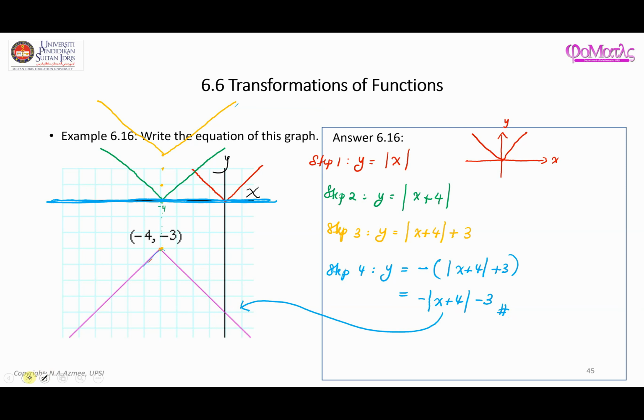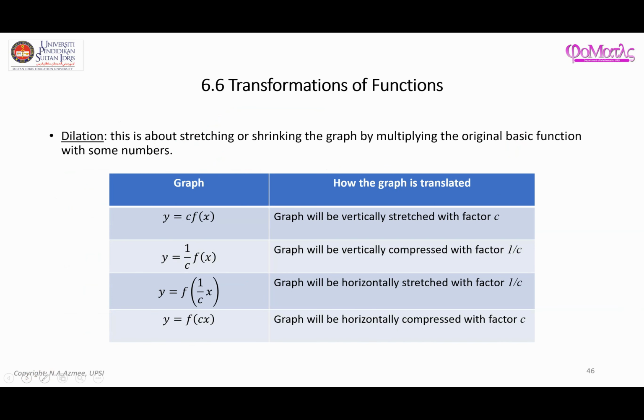Alright, now let's move on to the idea of dilation. Basically, this is about stretching or shrinking the graph by multiplying the basic function with some numbers. For example, if my basic function is y equals f(x), and I multiply this with a factor c, so c is outside the original function, then the graph will be vertically stretched.